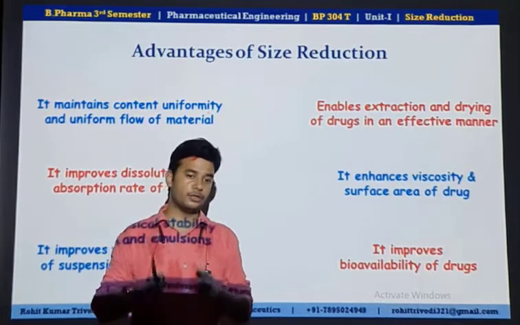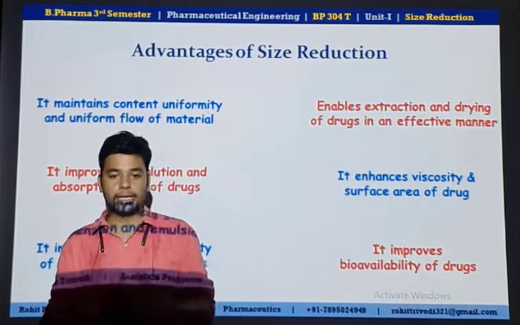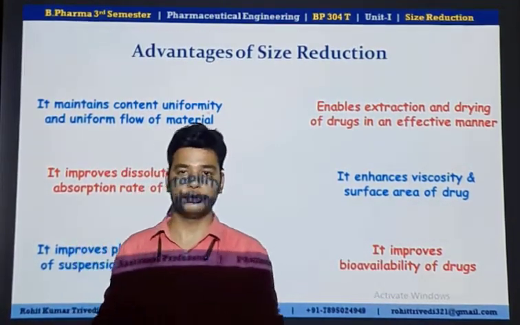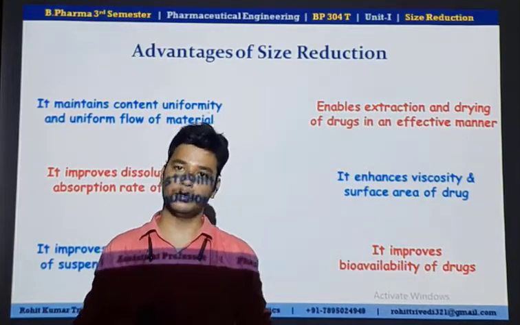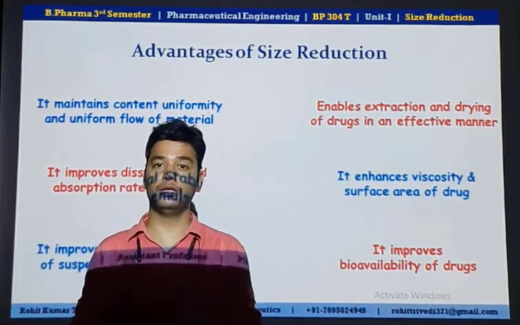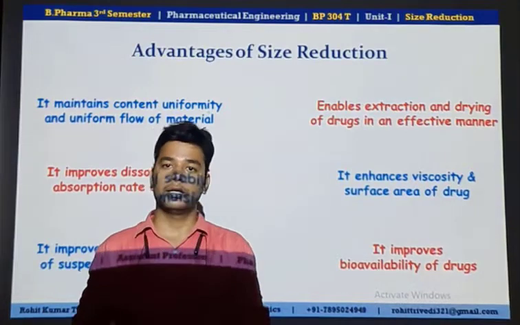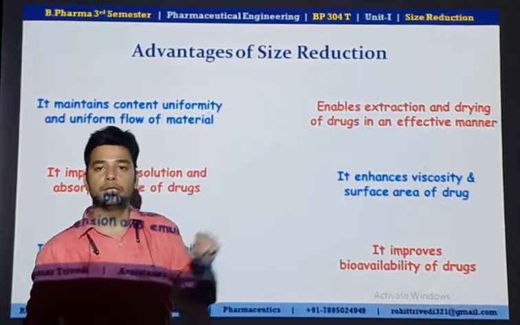Means if we reduce the size, we will get our results in a short duration. If we do not reduce the size, there will be extraction, but it will not be as effective as with the reduced particle size.